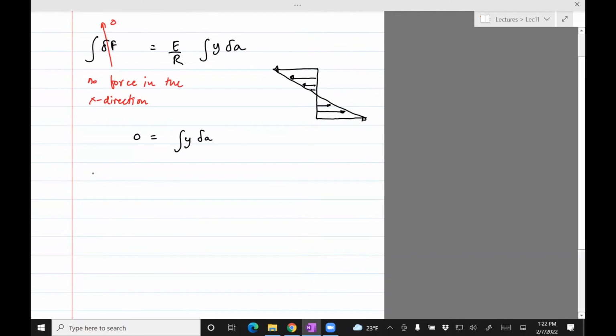So recap, centroid equals y. You might have seen this formula though, integral y dA divided by integral dA, right? But what's integral dA? That's a constant.